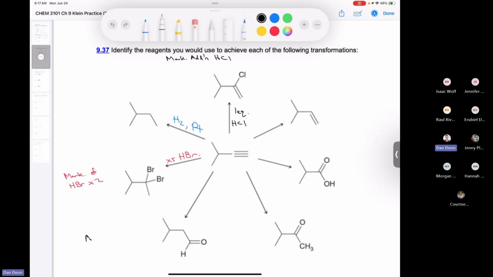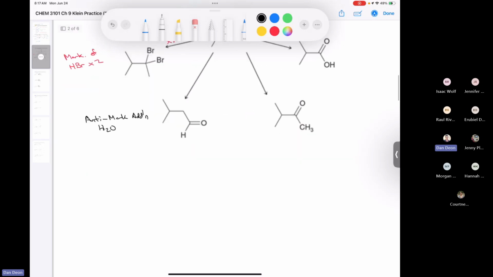So I'll just put here anti-Mark addition of H2O. And for that, it's similar. It's not identical, but it's similar to the anti-Markovnikov addition of water across a double bond, right? Let's say you had an alkene like this, and you wanted to do an anti-Markovnikov addition of water.